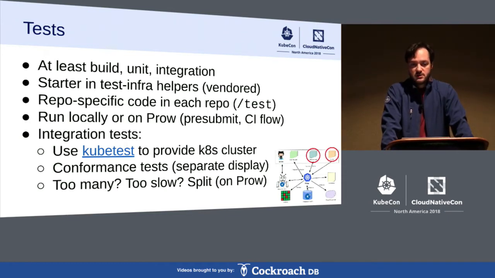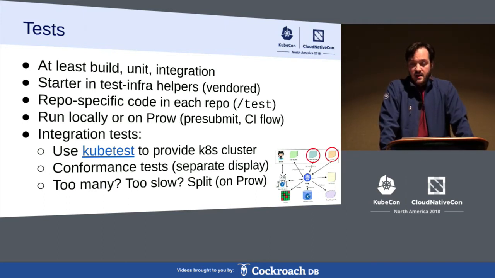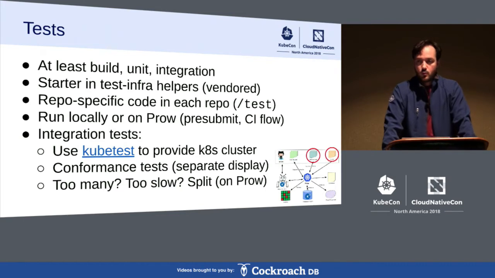They do all the magic, while the other repos just worry about specific testing code. Those tests have to run both locally or on prod the same way. So you don't have different ways of running in one environment or the other. So it's easy to replicate failures.